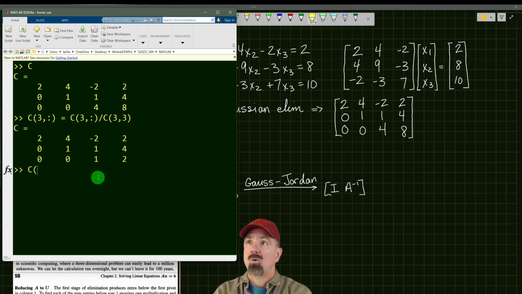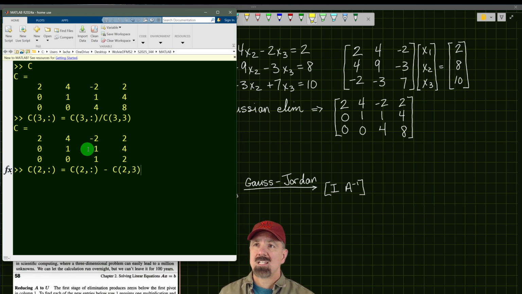So now we're going to replace the second row with the second row minus whatever entry is at 2, 3, and this is important for generalizing this idea. We're going to take whatever this entry is, which happens to be 1, multiplied times the third row.